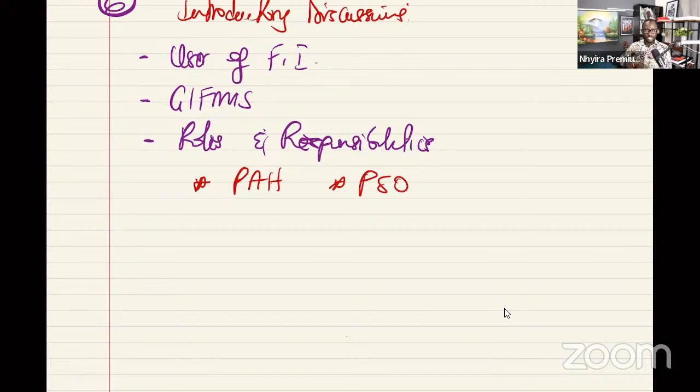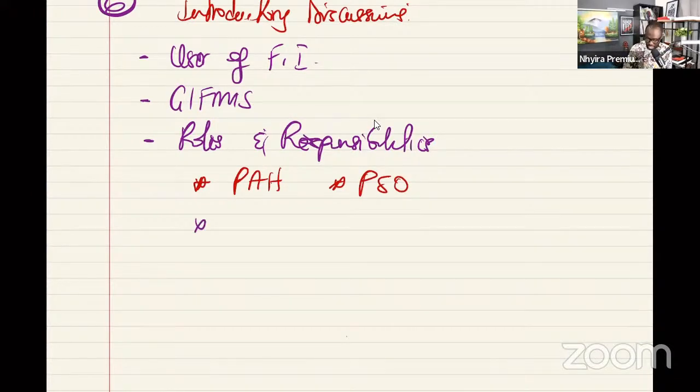So, for instance, the Minister of Finance is the principal account holder for the Ministry of Finance. Then the chief director at the Ministry of Finance is the principal spending officer. That is the senior most administrative head of that particular organization.